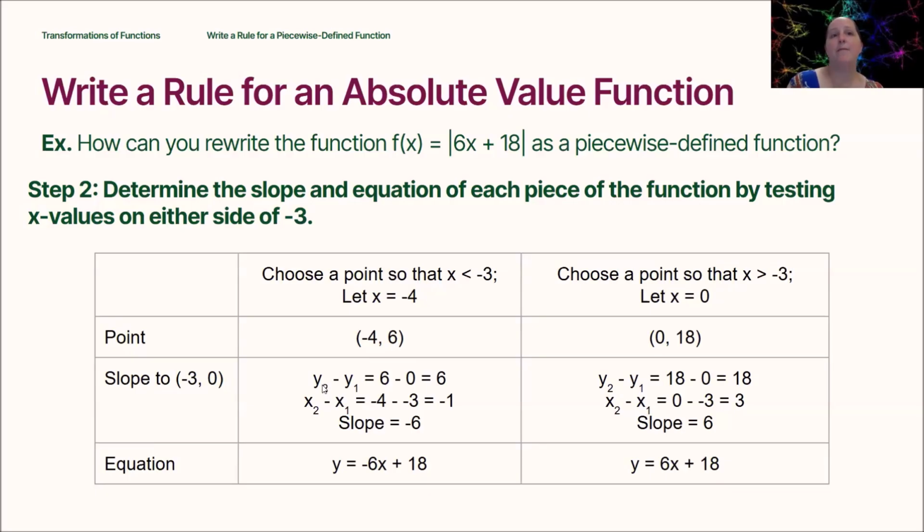So again, I find my slope: y2 minus y1 equals 6 minus 0, which equals 6, and x2 minus x1 gives me -1. So my slope is -6. And then y equals -6x plus 18 is my first equation.